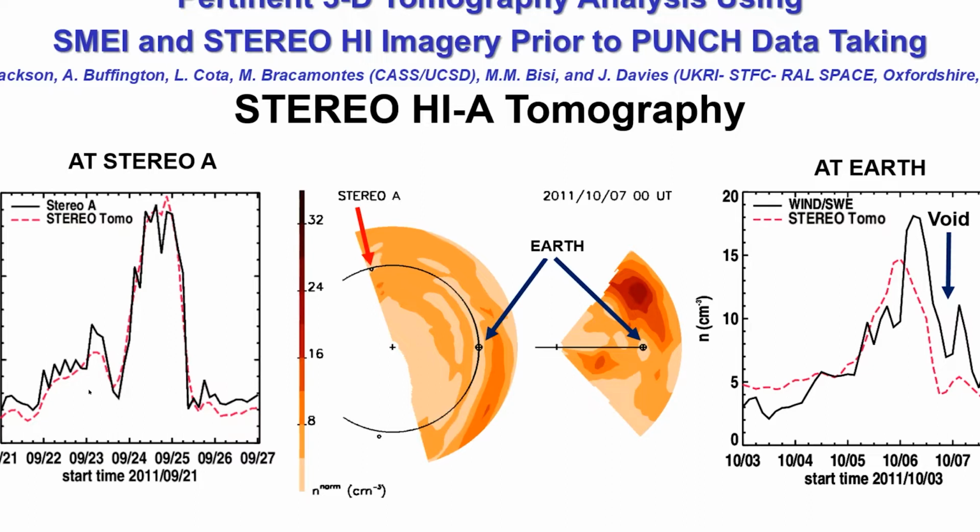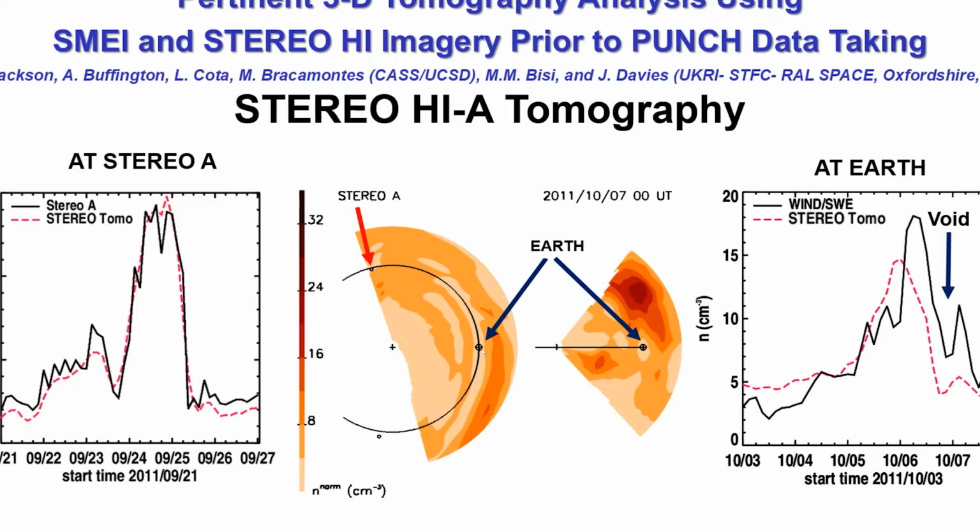And you can see how it fits the STEREO A in situ data quite well at this period for an event that came by and had a density enhancement of about 15 particles per cubic centimeter at STEREO A, which was over here to the west of the sun-Earth line.